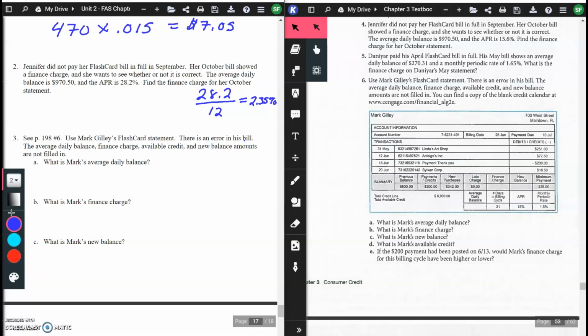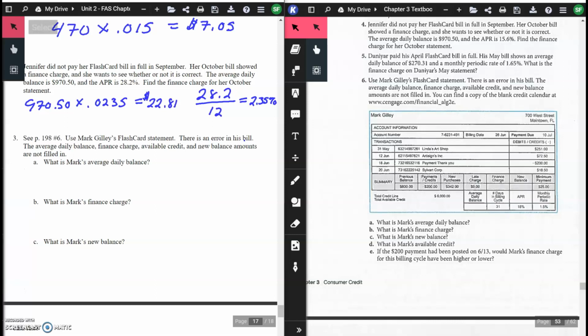Take your average daily balance of $970.50 times your monthly periodic rate, 2.35% or 0.0235. Okay. Gives you a finance charge of $22.81.